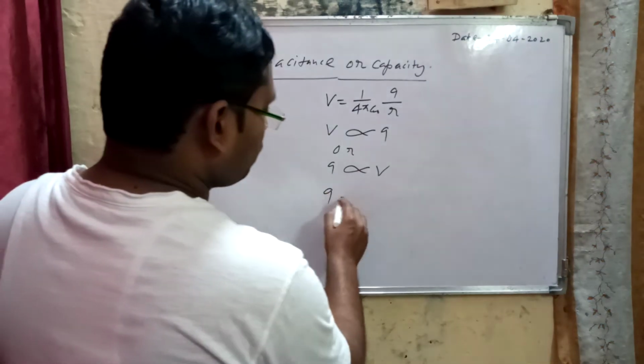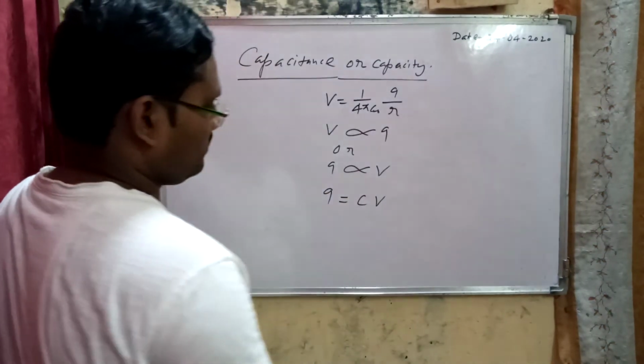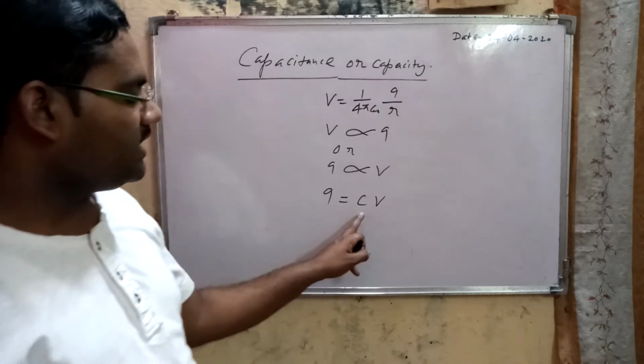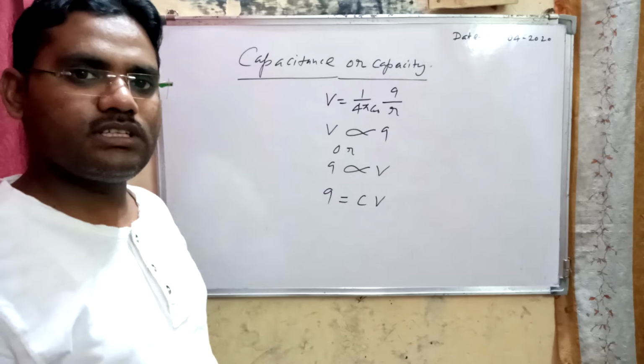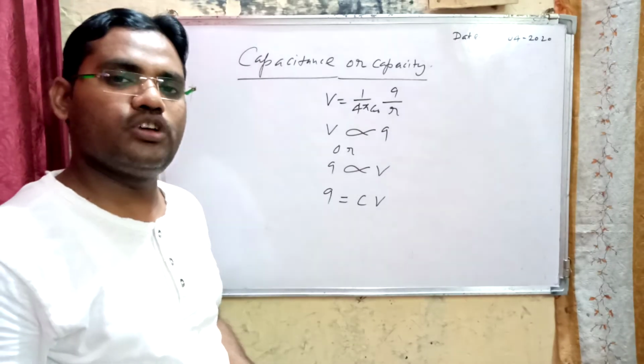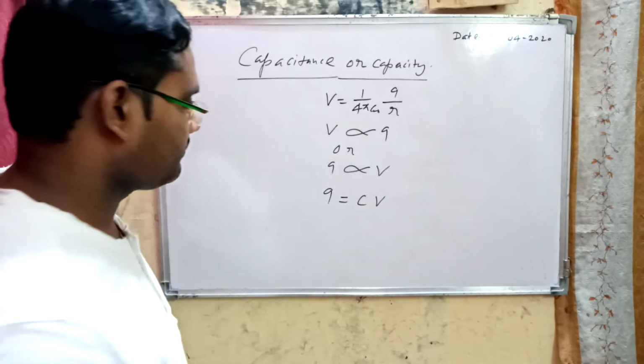Now here we use a constant C. This C is a proportionality constant, called capacitance or capacity. It depends on the geometry of the conductor.